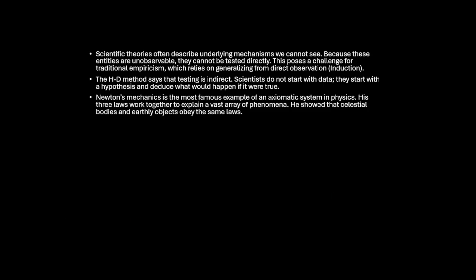Perhaps the most famous theory in physics to be presented as an axiomatic system was Newton's mechanics. The theory originally consisted of three axioms. These axioms or laws work together to explain a vast array of phenomena. Before Newton, people believed the heavens and the earth obeyed completely different rules. Newton showed that they're all consequences of the same laws.